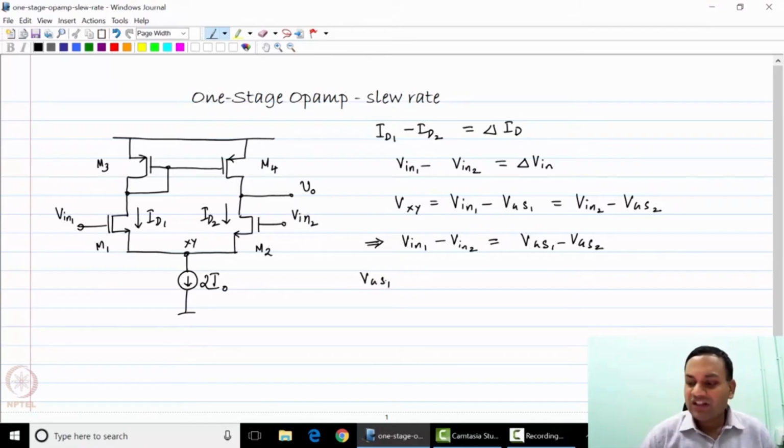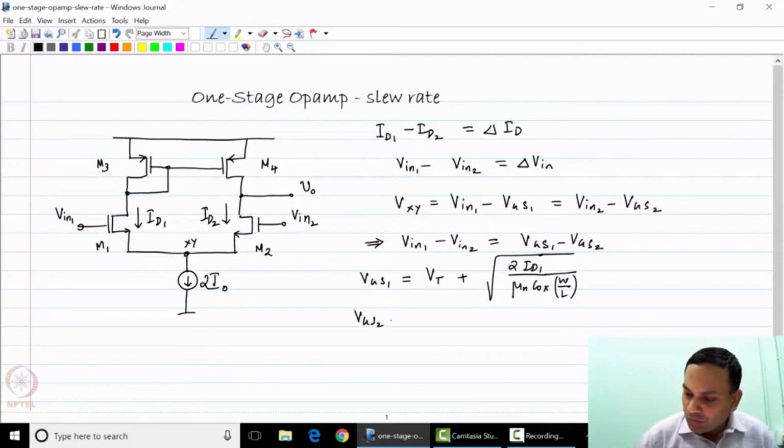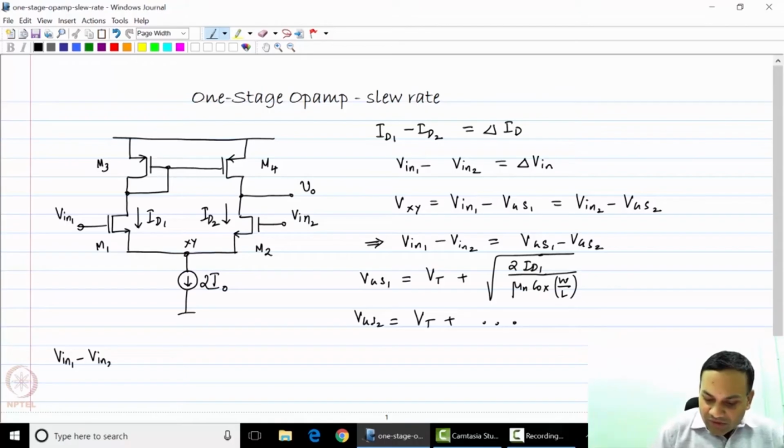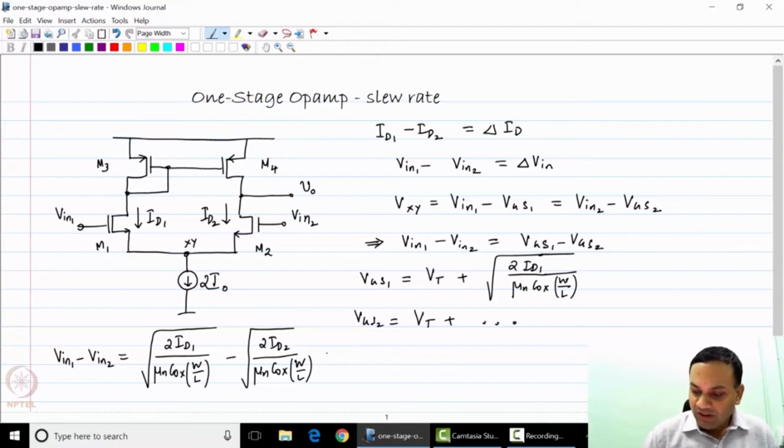Now what do we know about VGS1? VGS1 is nothing but Vt of the transistor plus root of 2ID1 over mu n C ox W over L. And similarly, VGS2 is Vt plus root of 2ID2 over mu n C ox W over L. So therefore, V in 1 minus V in 2 is equal to root of 2ID1 over mu n C ox W over L minus root of 2ID2 over mu n C ox W over L. This is the first relation.